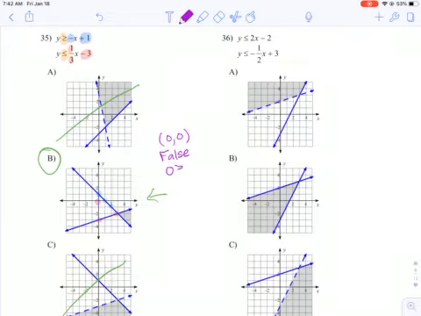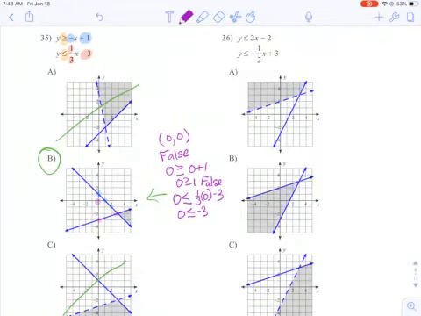So 0 is greater than or equal to 0 plus 1. 0 is greater than 1, false. And then 0 is less than or equal to 1/3 times 0 minus 3. 0 is less than or equal to negative 3, false. So you can see how you could have checked that if you needed to do more than that.